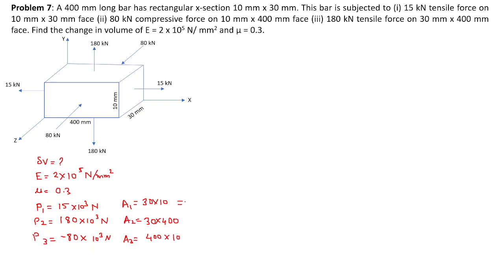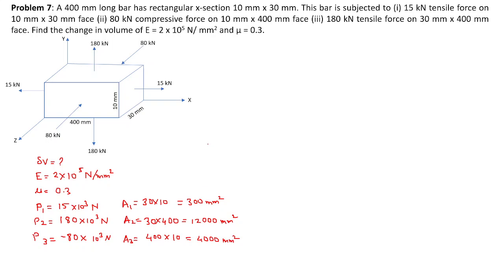So here is 300 mm square. Here is 12,000 mm square. Here will be 4,000 mm square.